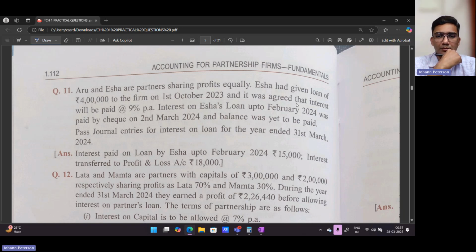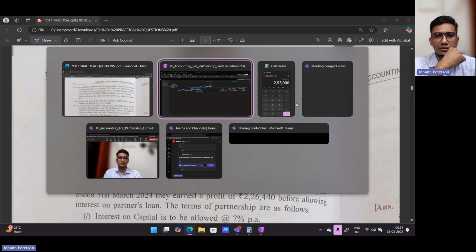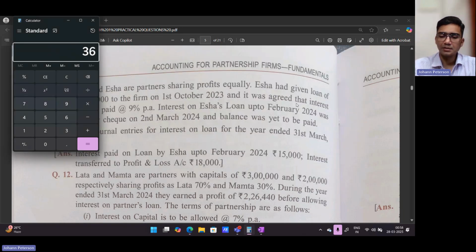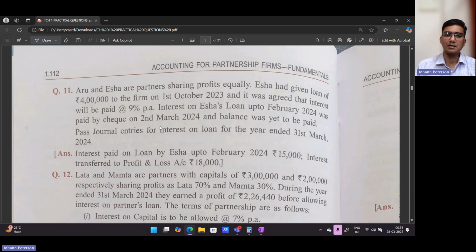That is for the whole year, but we are doing it for 5 months. So 36,000 into 5 divided by 12 gives us 15,000. So 15,000 is paid. When was it paid? Paid by cheque on 2nd March.